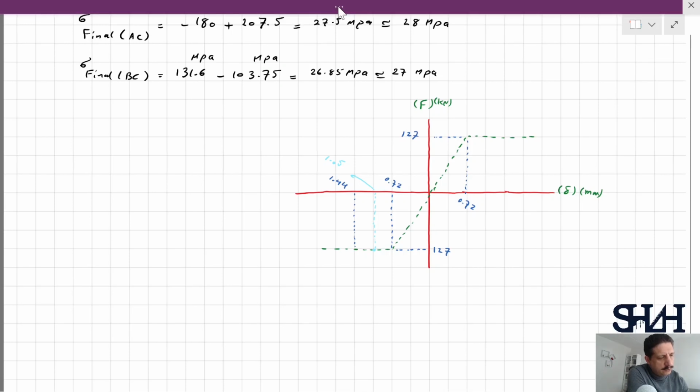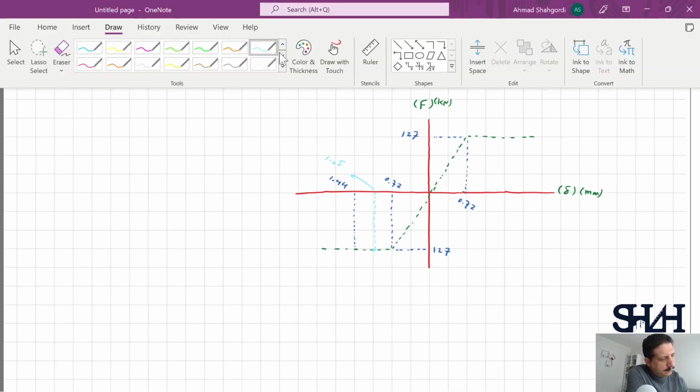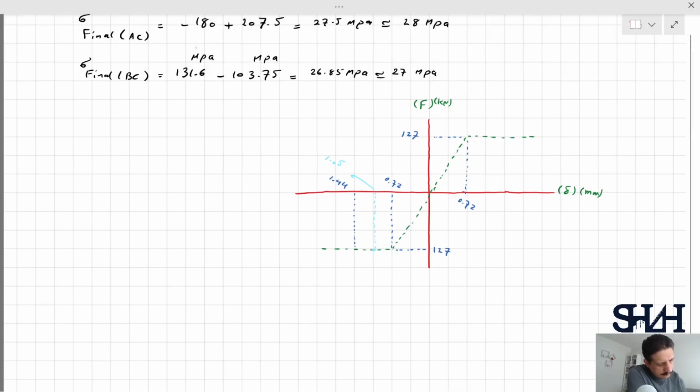Now when we start unloading this system, it will be in the elastic phase. So the slope of reverse loading will be exactly parallel to the elasticity line, or elastic line. This is the reverse loading of the system.